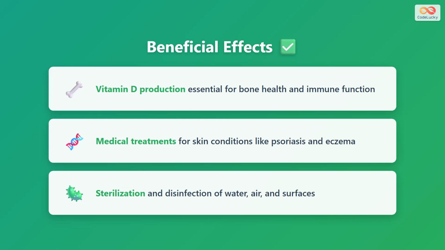UV radiation is also used in medical treatments for various skin conditions such as psoriasis and eczema, a process called phototherapy. Additionally, UVC radiation is highly effective for sterilization and disinfection. It destroys the DNA of bacteria, viruses, and other microorganisms, making it invaluable for purifying water, sterilizing air, and disinfecting surfaces in hospitals and laboratories.